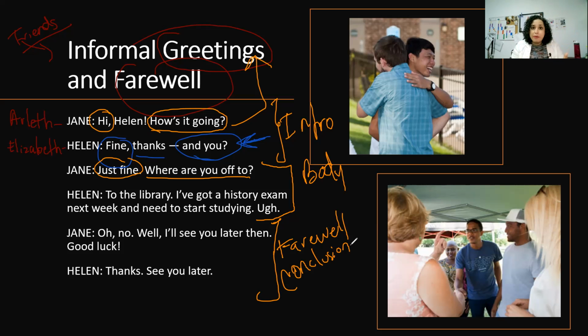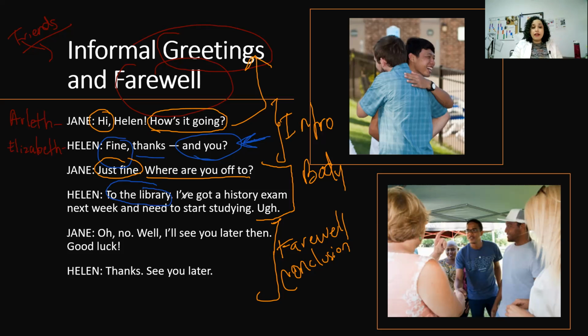If you keep a conversation going, then you have to keep the same topic. So when Jane says, where are you off to? Helen needs to answer where she's going. And that's when she says, oh, I'm going to the library. And then she says a little more.